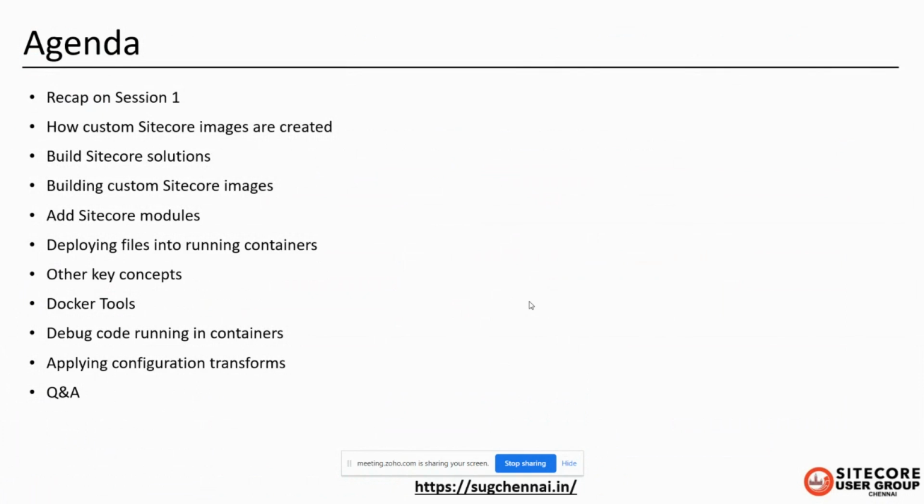Then we'll discuss building a custom Sitecore image, how to add Sitecore modules, and how to deploy files into a running container. Then I'll explain some key concepts and other Docker tools which we can leverage. If we have time, I'll explain how to debug code running in containers. Also, we'll see how to apply configuration transforms. Then we can close the session with Q&A.